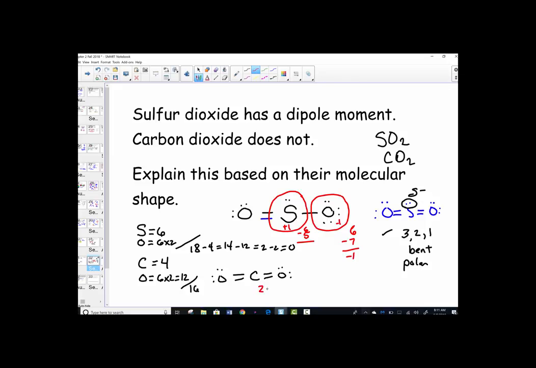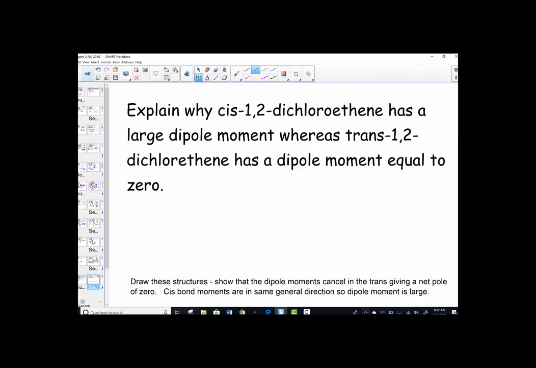Therefore, 2, 2, 0 is its electron arrangement. 2 bonded, 0 unbonded makes this a linear structure, and therefore nonpolar. The electron pull is indeed even in all directions. So don't be fooled by just looking at a molecular structure. You have to dig deeper and build the molecule and decide, based on the number of domains, how many are equal in distribution and if they're unequal in distribution.